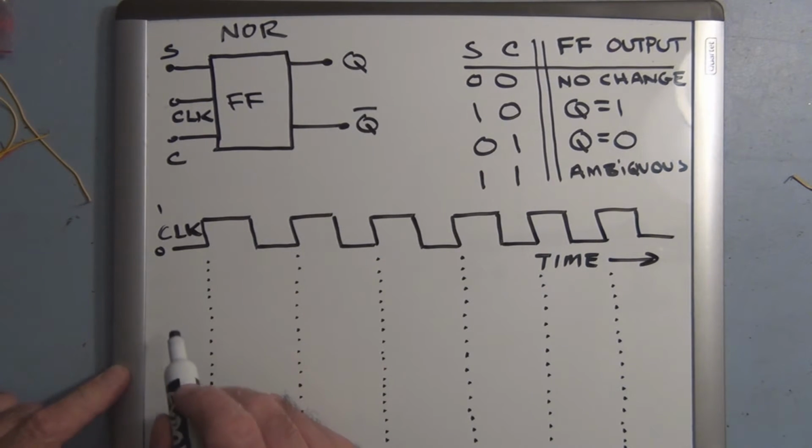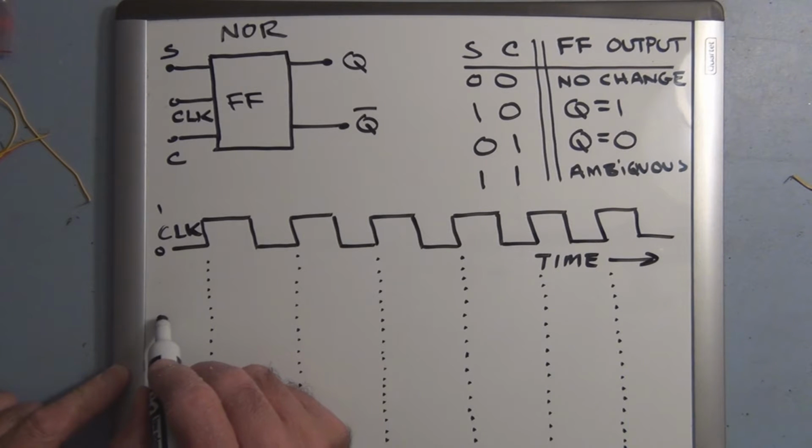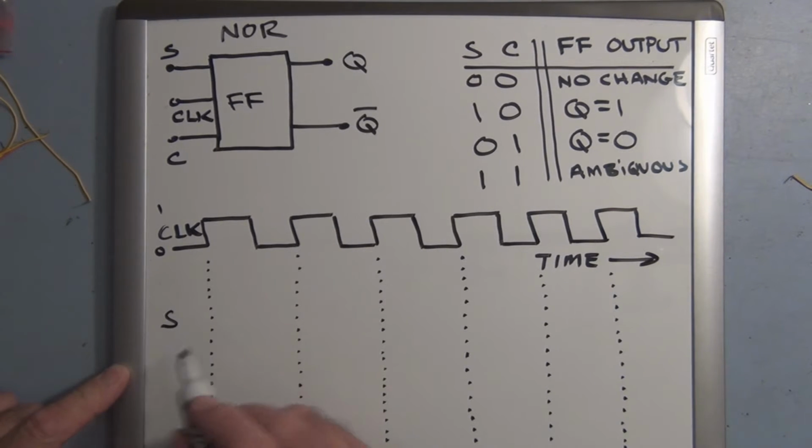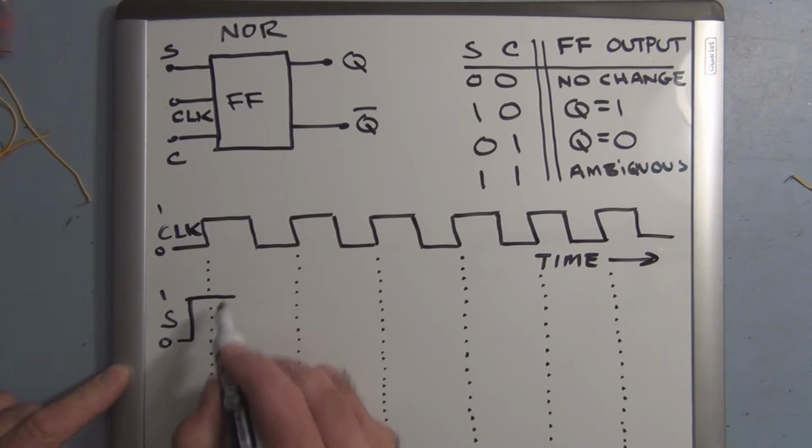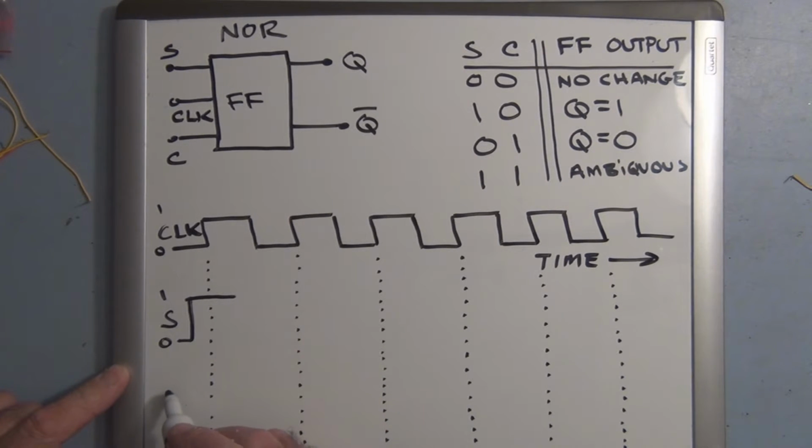So if we have the set control, and this is 0 and this is a 1, initially it's at 0, and then it goes to a 1. And if the clear is 0, so here we have the clear is a 1 and here's a 0, and it's a 0.